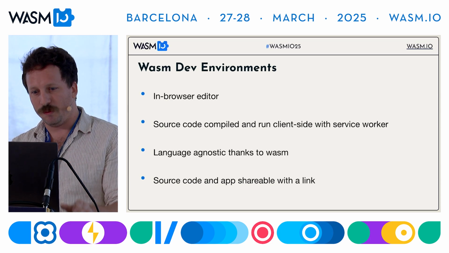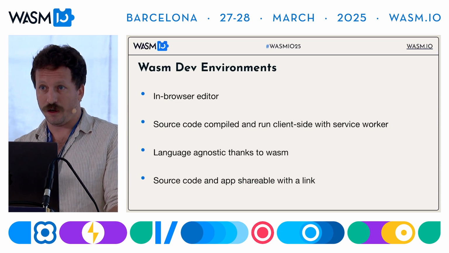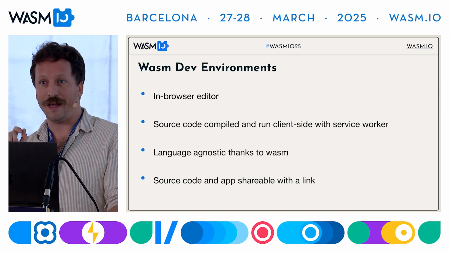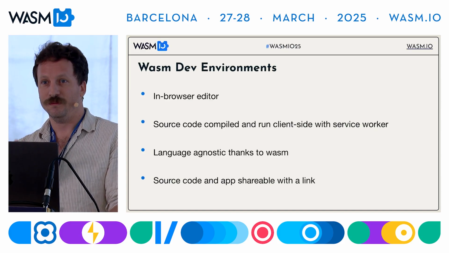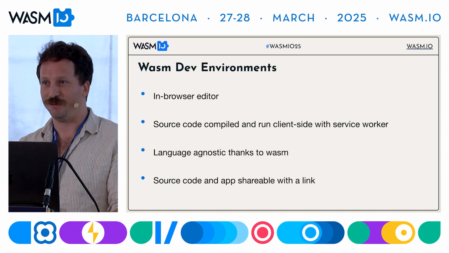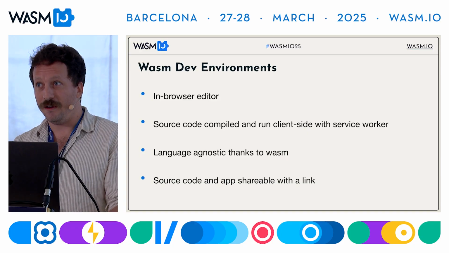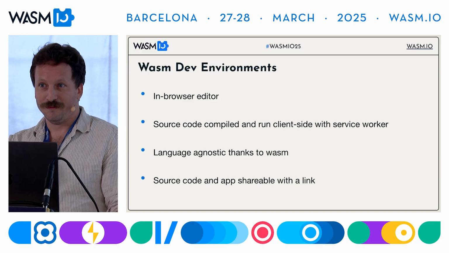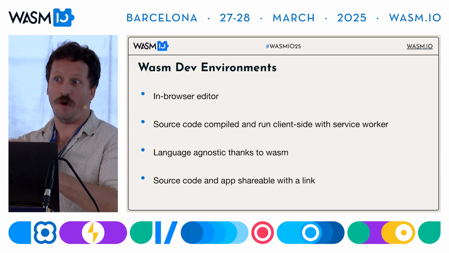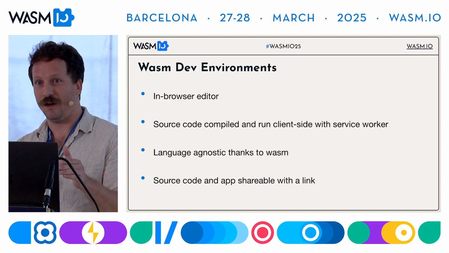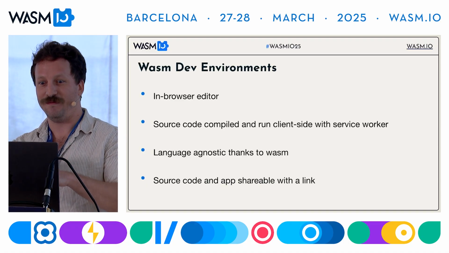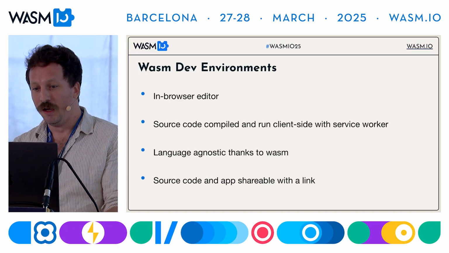In the example that we'll be demonstrating today, we've got the Rust compiler compiled to Wasm. So the Rust compiler is able to be invoked by the browser because browsers understand Wasm. And then it's turning the Rust code into more Wasm, and you can then actually run the application that you're authoring, all without leaving the browser. The whole thing happens inside of the browser.